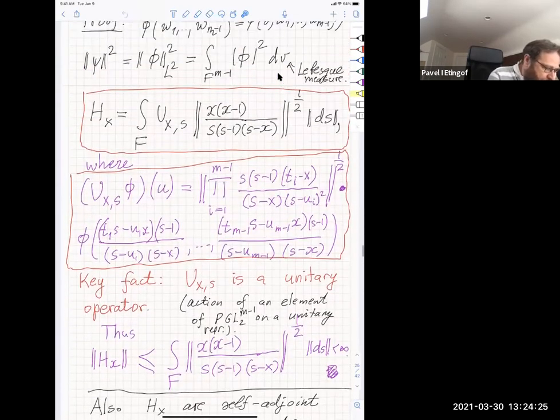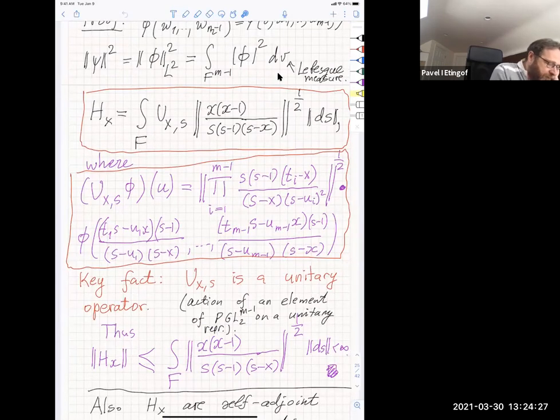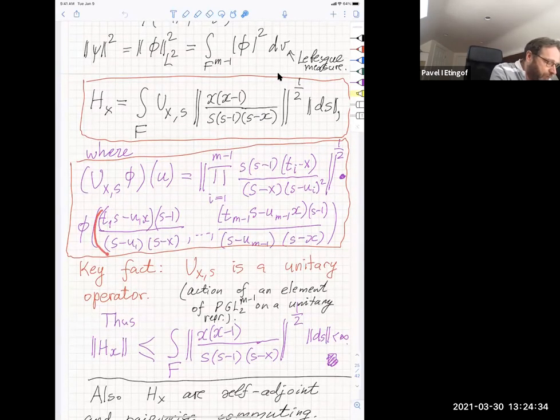Remember, what is u_{s,x}? It's an operator, but I'm abusing notation, and I denote by the same letter just this transformation. If you look at this transformation as a function of u, this is a fractional linear transformation of u for fixed t, x, and s.